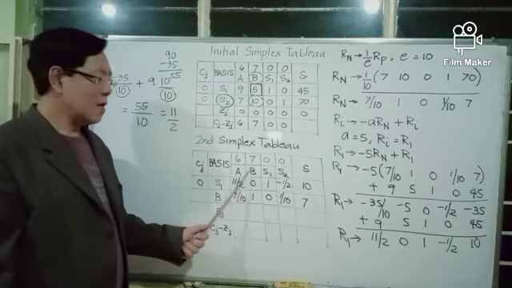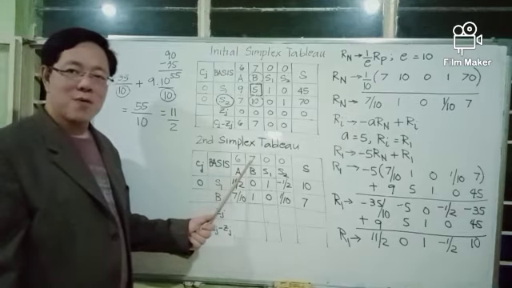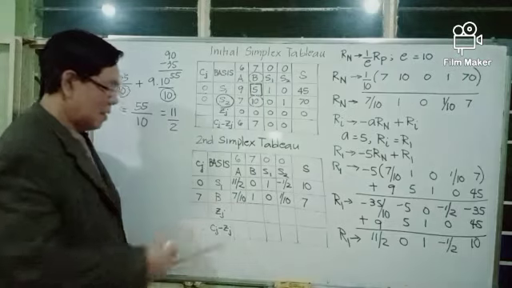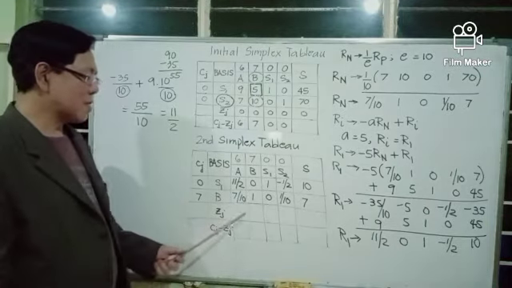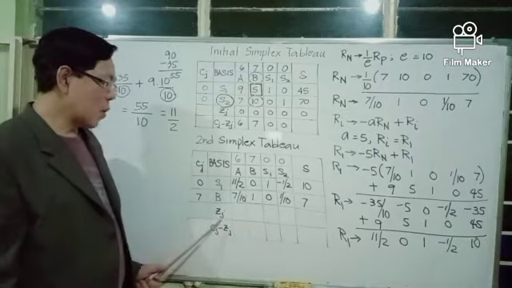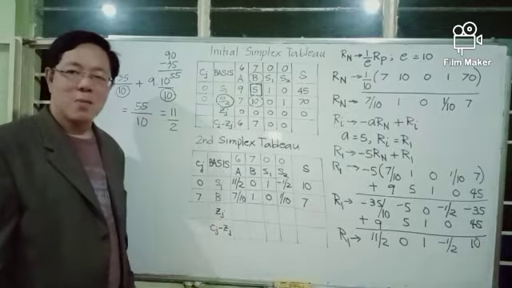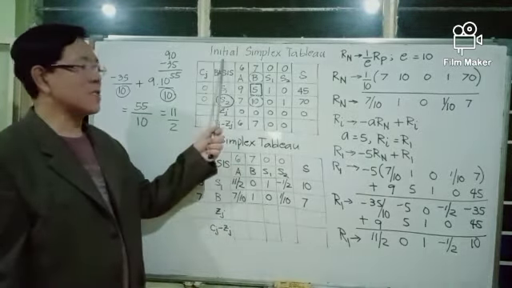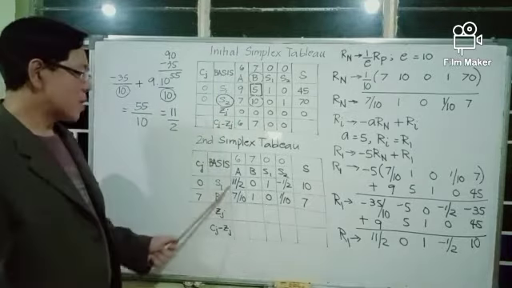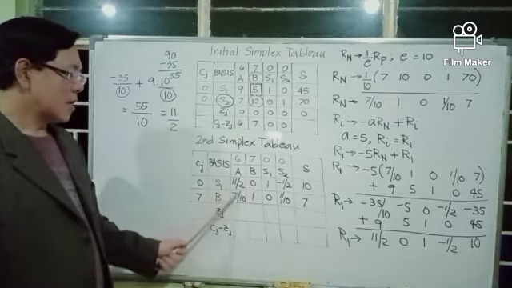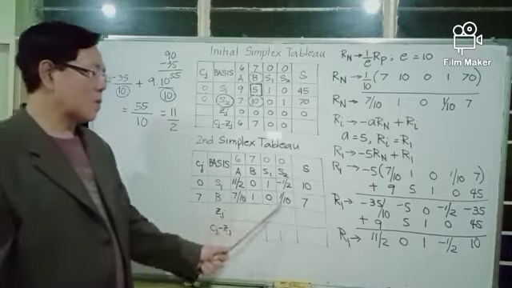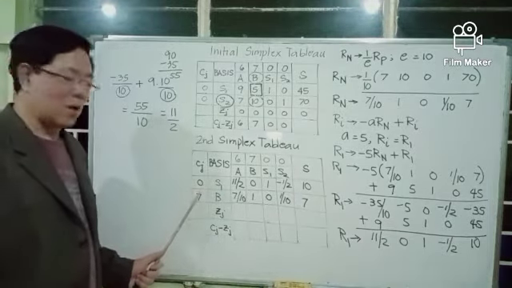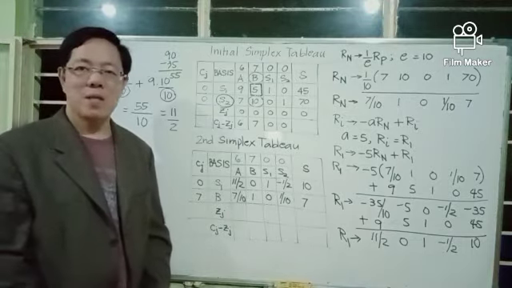This b, its coefficient in the objective function is 7. Now we find the entries of this row Z sub j in the same way that we find the entries of Z sub j in the initial simplex tableau. We multiply the entries of each variable column by the corresponding entries of C sub j column, and we add the products.